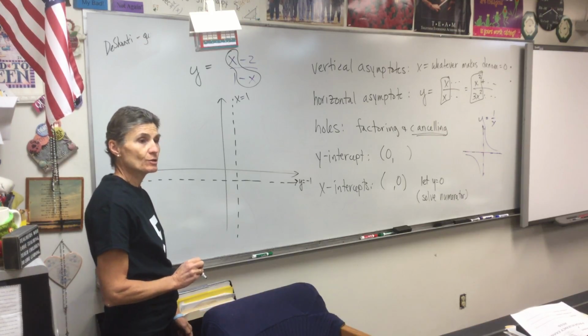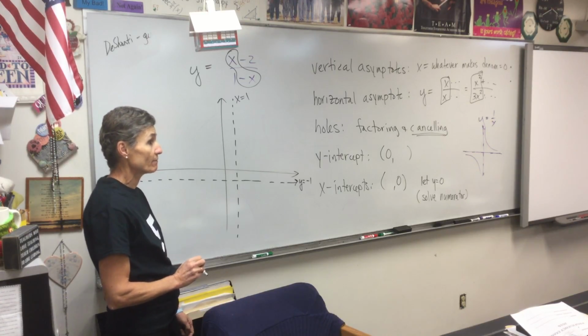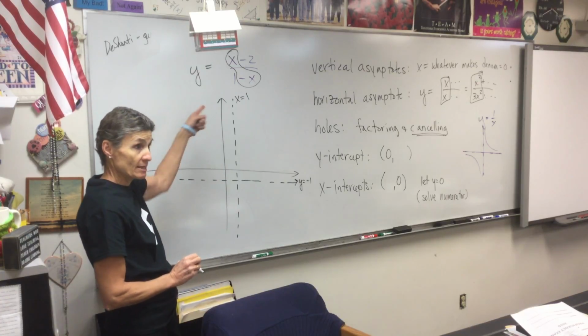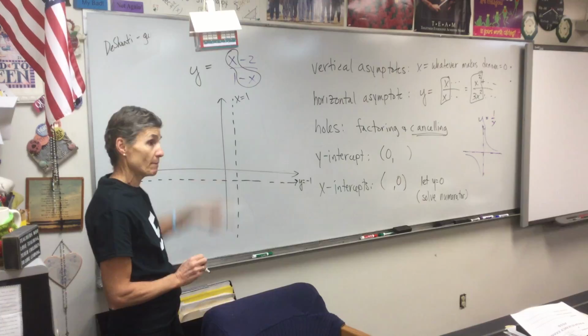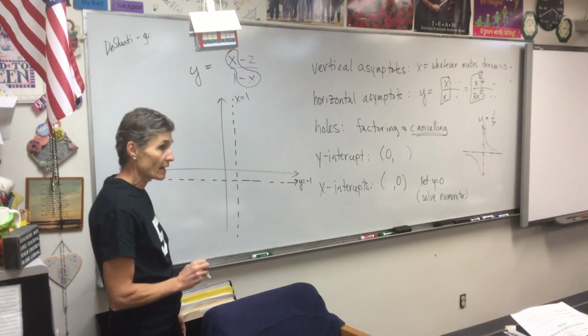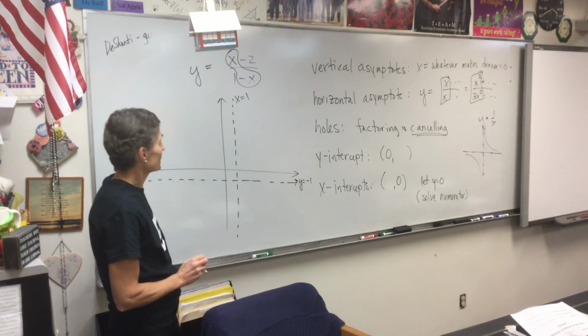All right, what else can you tell me? There's no holes, because the only way you're going to get a hole is if you can factor and cancel. Nothing cancels in that problem. Don't even think about it. Nothing cancels. If you cannot factor, you cannot cancel. Okay? All right. Okay, what else?